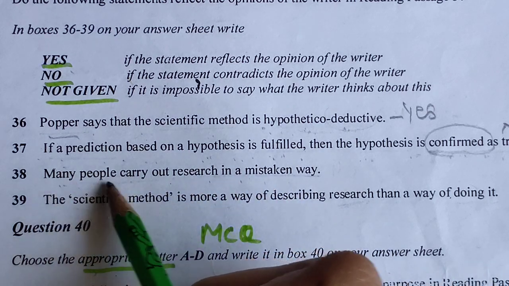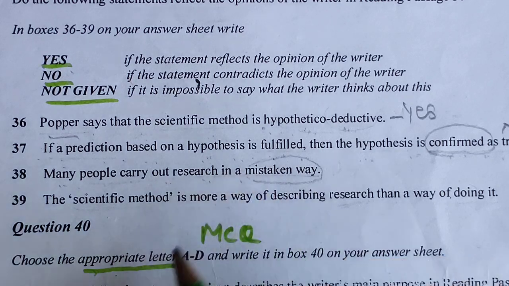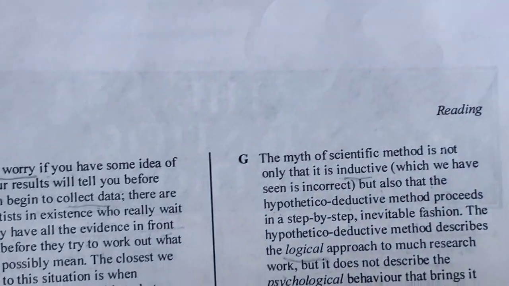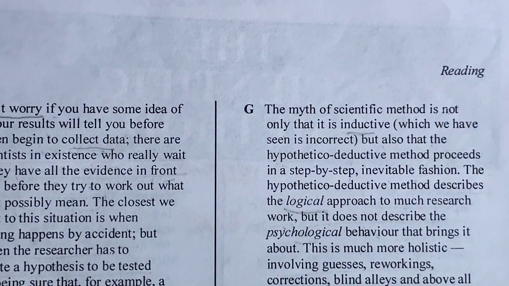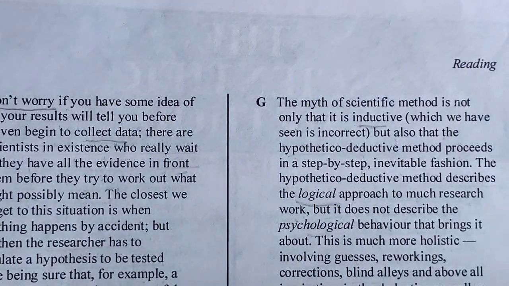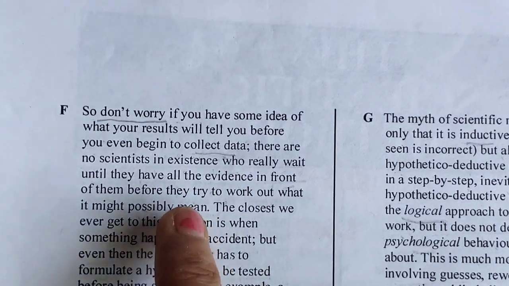Many people carry out research in a mistaken way. Many people, where can we find this many people? I have read the whole passage and we have not found anything about many people.